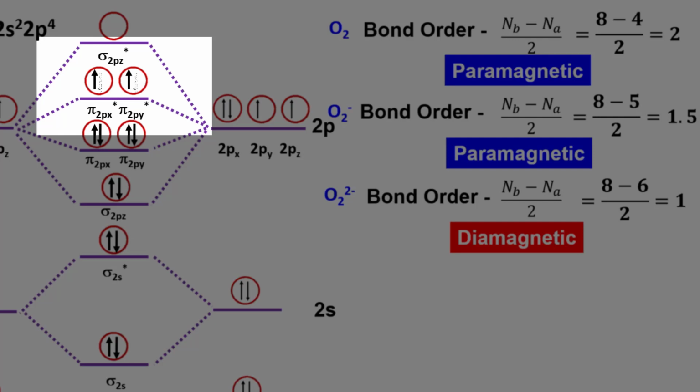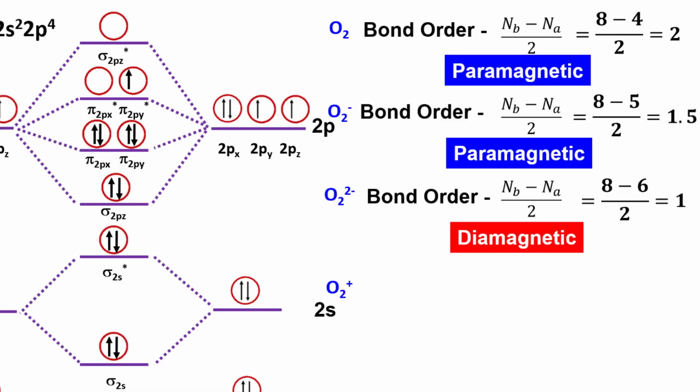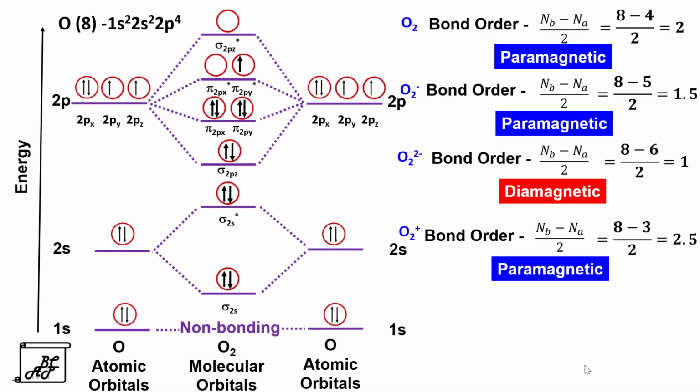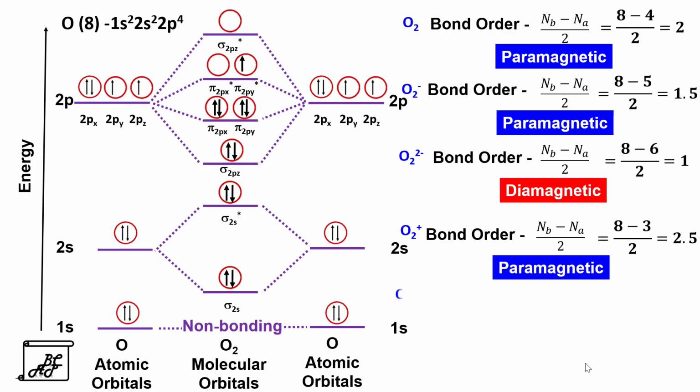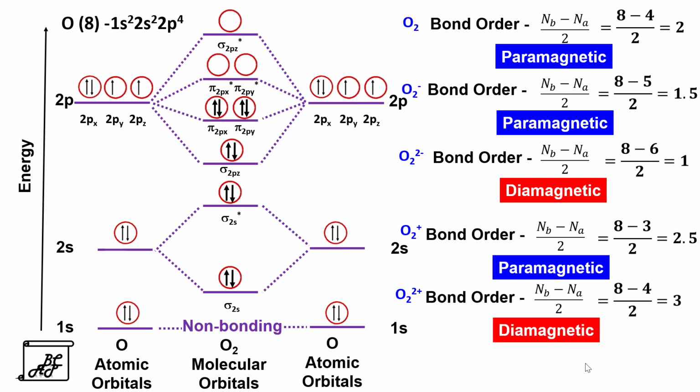Now from oxygen molecule, if we remove one electron to form oxygen monopositive cation, the bond order changes to 2.5, but still there is one unpaired electron, so it is paramagnetic in nature. If we remove one more electron to form oxygen dipositive cation, the bond order increases to 3. That is, the molecule becomes diamagnetic in nature.